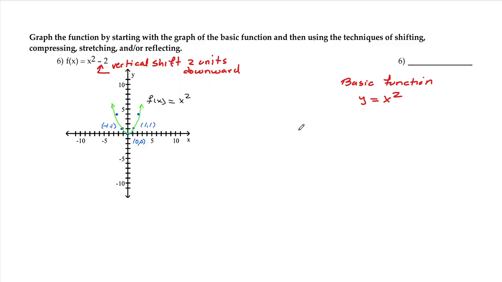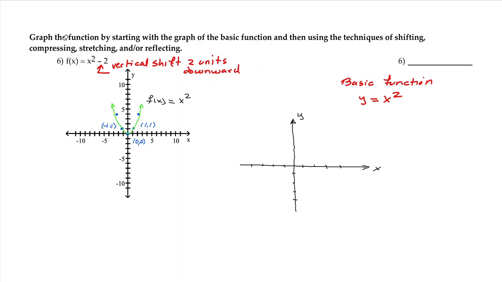But really the function we want to get is f of x equals x squared minus 2. That means that now we will be subtracting 2, to get the vertical shift 2 units downward, from the y coordinate of each of the points that are in my graph. So if I subtract 2 from the y coordinate of 0, 0, it is 0 minus 2.